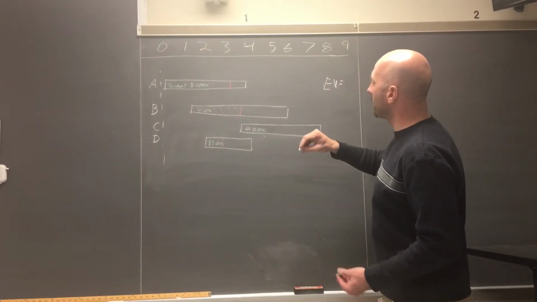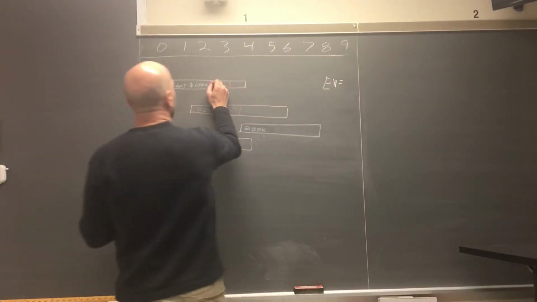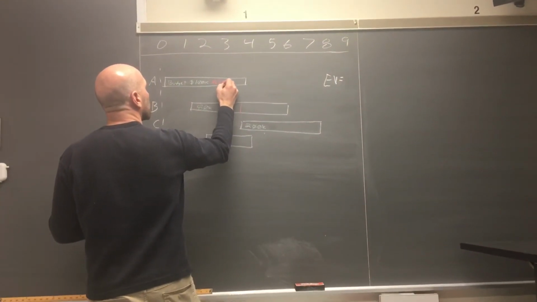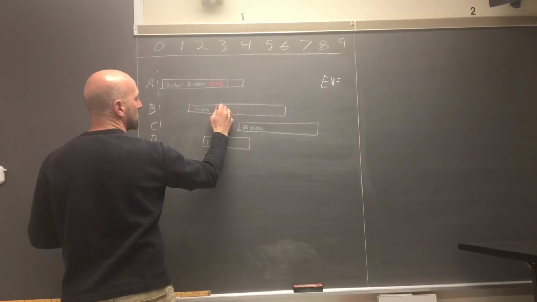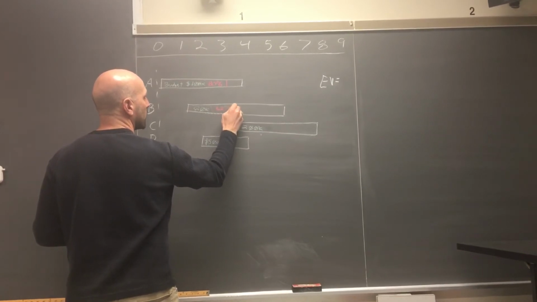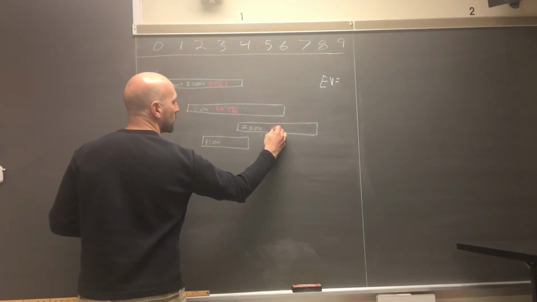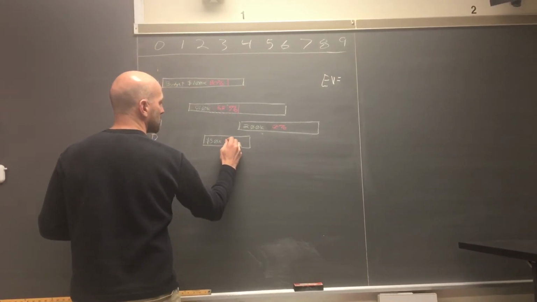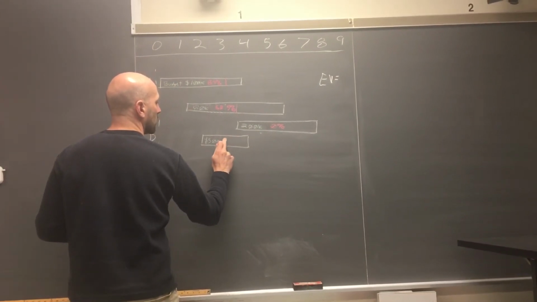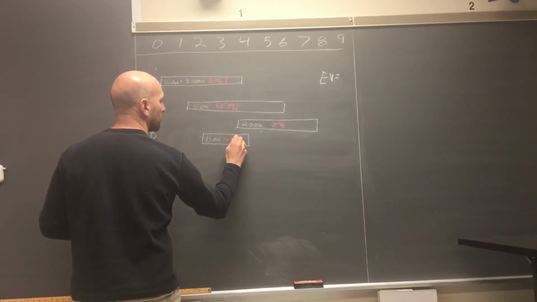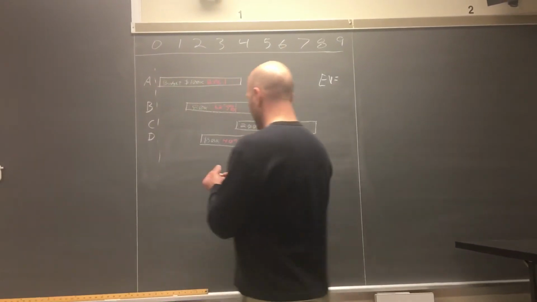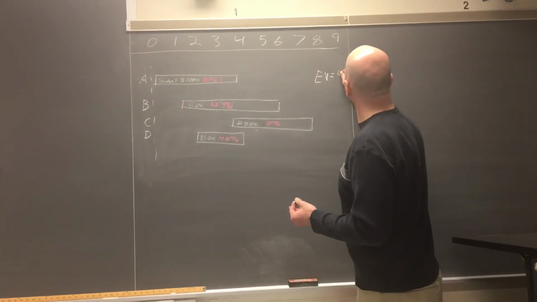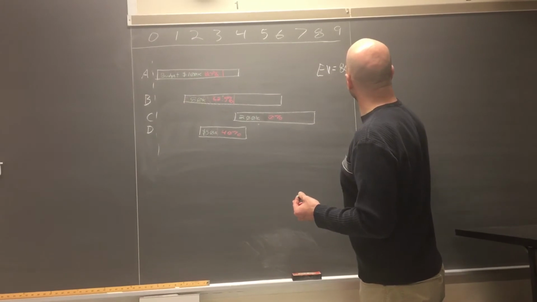We'll say that was 80%. We'll say this one was 62.5%. This is 0%. And this is 40%. So I've earned 80K.